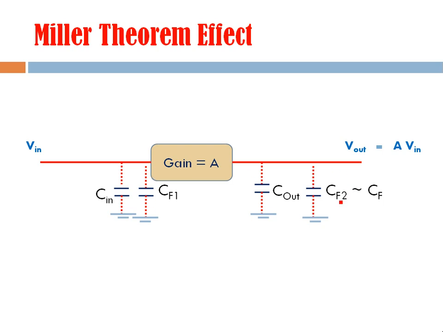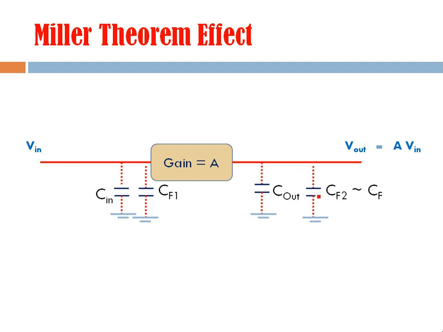Now as I discussed in the earlier slide, if the gain of the amplifier is greater than 1, then this component is almost equal to CF. It means we can assume that whatever was the capacitive component connected between output terminal and input terminal, it is connected as it is between output node and ground.